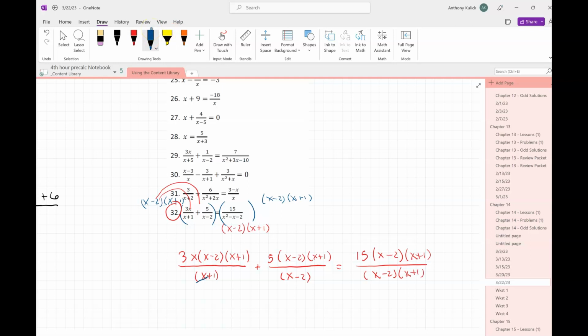Now I can reduce each one of these. By reducing each one, I no longer have fractions anymore. All the denominators canceled out. So now I'm just going to multiply things out and try to solve the resulting equation.